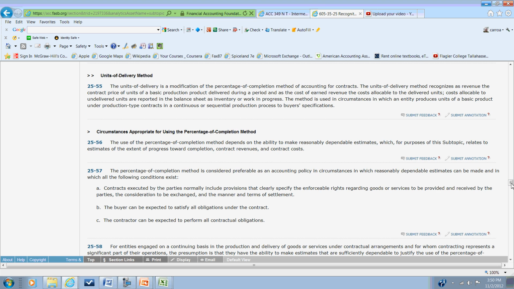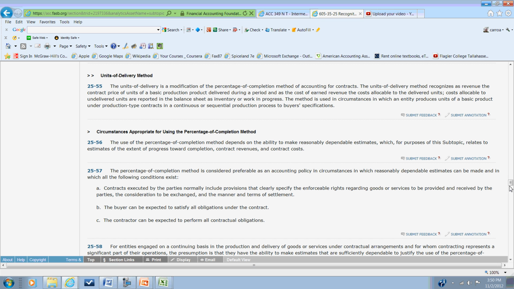And here in paragraph 57, it states that, in 56 and 57, the use of the completed contract method depends on the reliability of the estimates that you are making.